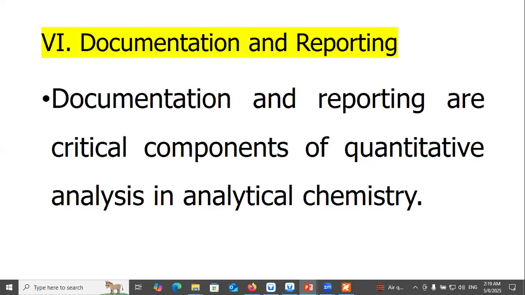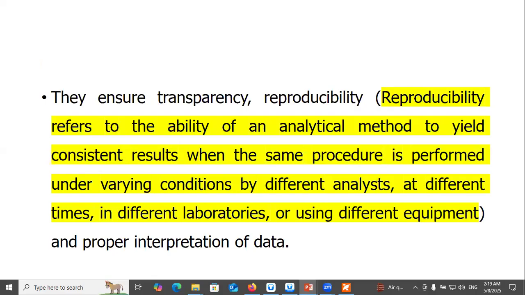Documentation and reporting. Documentation and reporting are critical components of quantitative analysis in analytical chemistry. They ensure transparency and reproducibility.